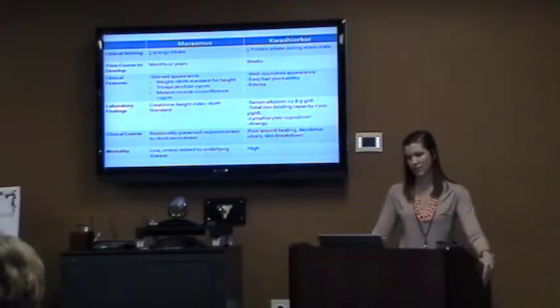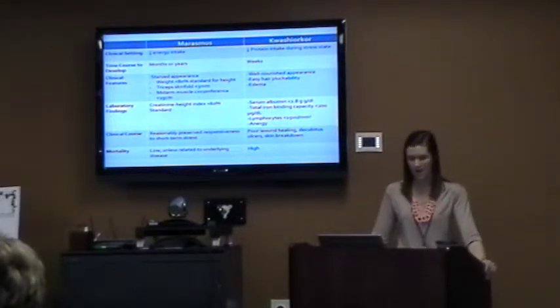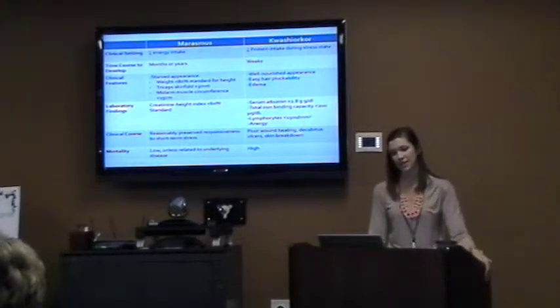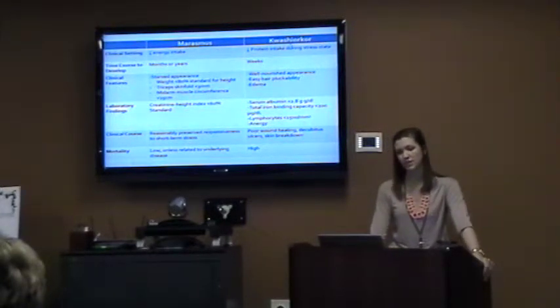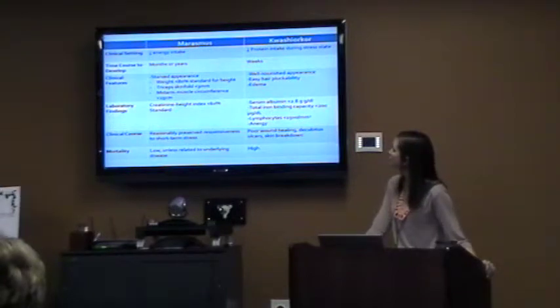So marasmus and kwashiorkor are two main types of malnutrition that I feel a lot of people have heard about. So marasmus is a decreased energy intake, while kwashiorkor is just a decrease in protein intake. So there are some differences between the two that are shown in this list.